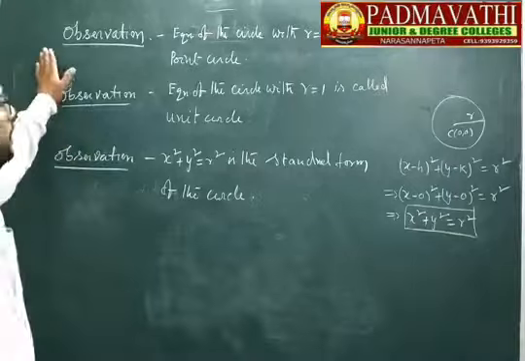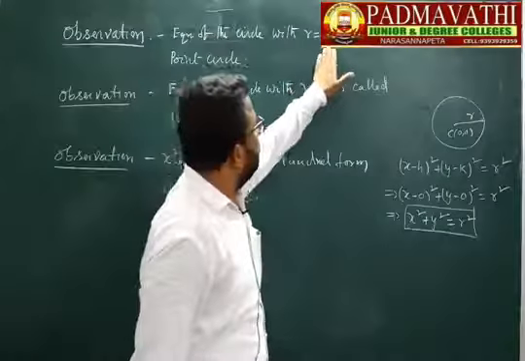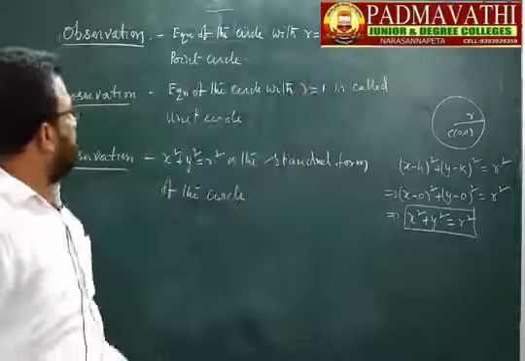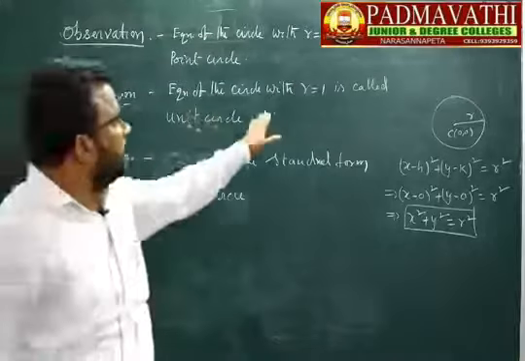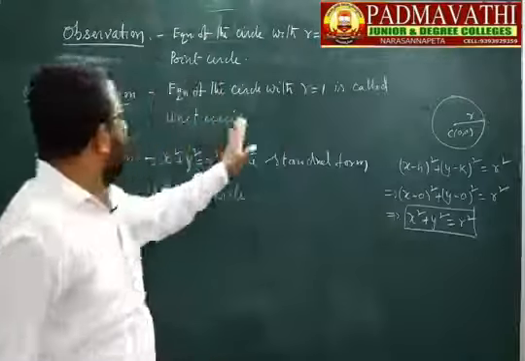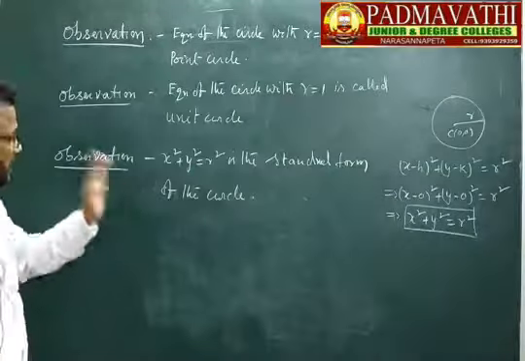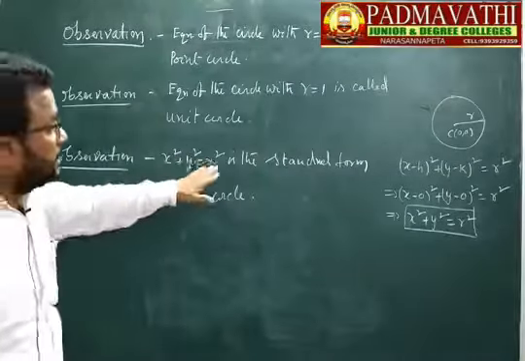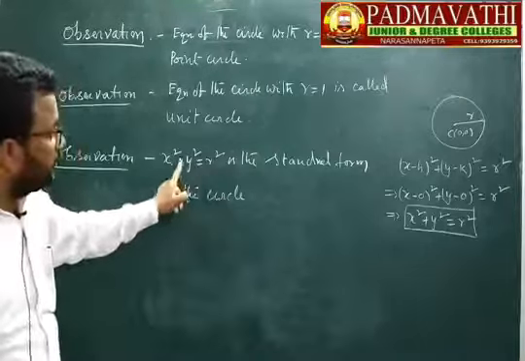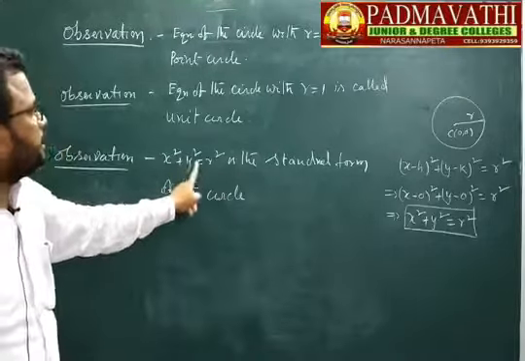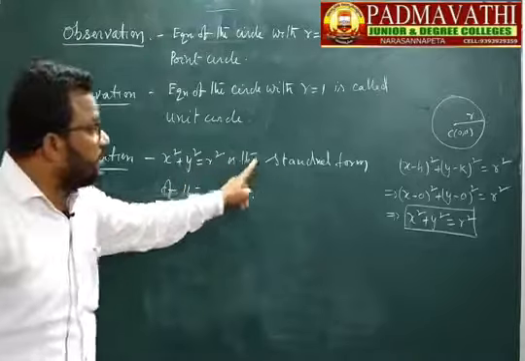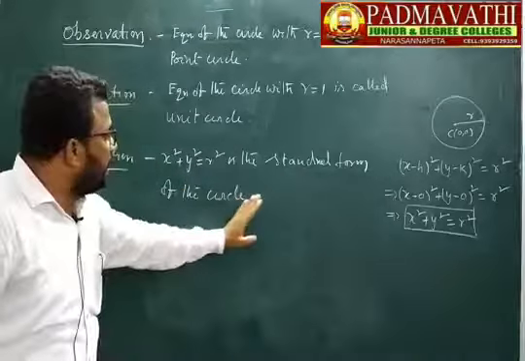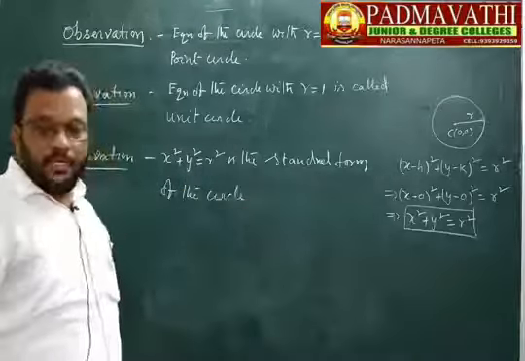First, the equation of the circle with radius 0 is called a point circle. Another one, the equation of the circle with radius 1 is called a unit circle. The other observation is that the equation of the circle with center (0, 0) is x square plus y square is equal to r square, the standard form of the circle.